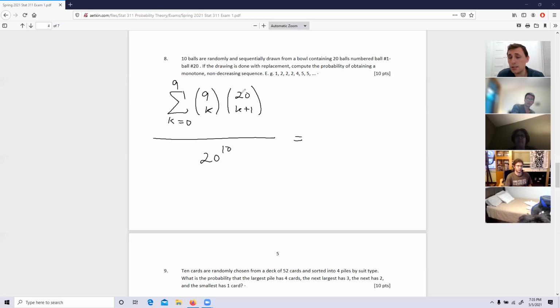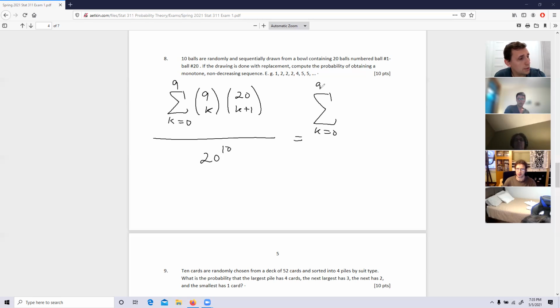We have 9 boys and 20 girls, and this is how many individuals we have to pick. So in the numerator, I can write it this way, I think.